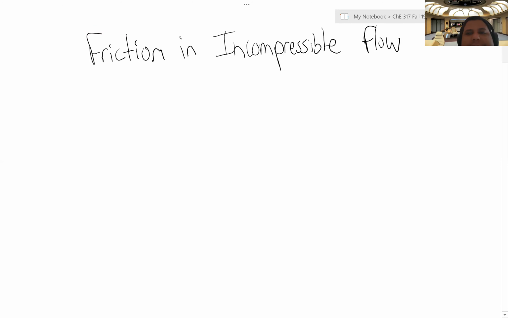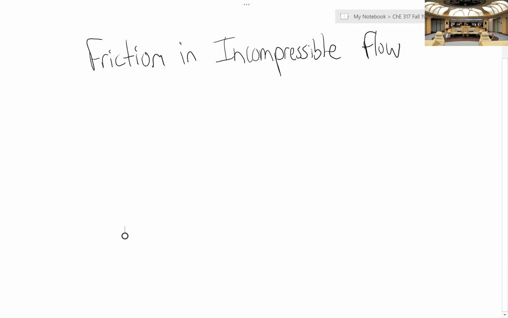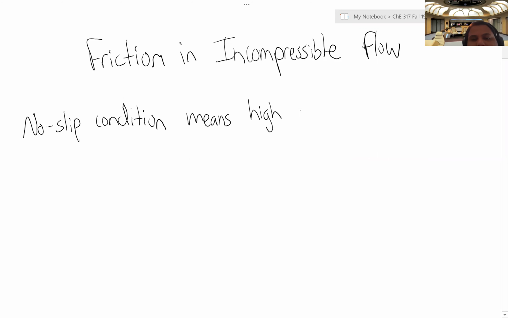So recall from a previous lecture, we had stated and defined a no-slip condition for flow, which means that high shear stress occurs at the fluid-solid interface.